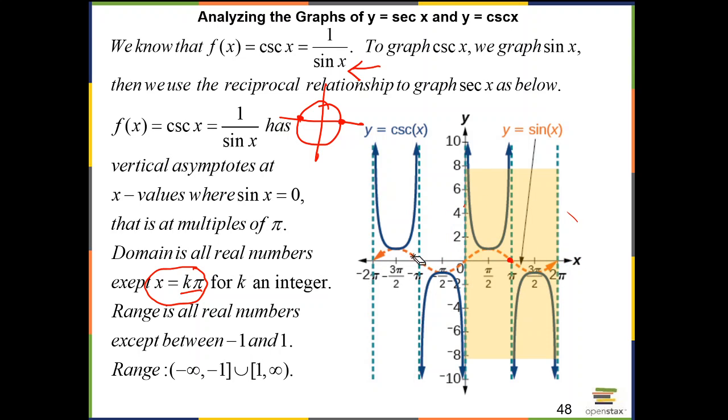Well, if you look over here, the range goes up to 1, and 1 is included, and negative 1 is included, but then all the numbers below negative 1 and all the numbers above 1. So the range is all the numbers below negative 1, including negative 1, union all the numbers to the right of 1, including 1. So we put brackets here. So this is the range, and the domain would be all real numbers except k pi.